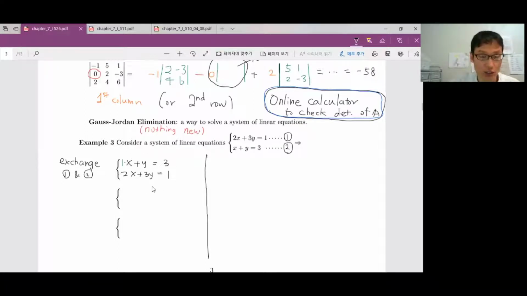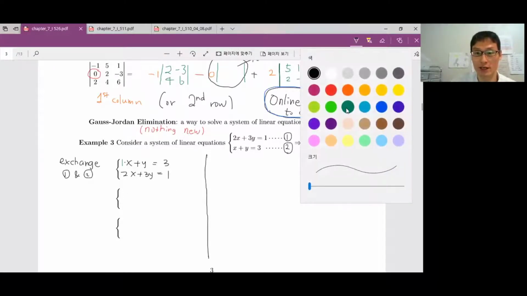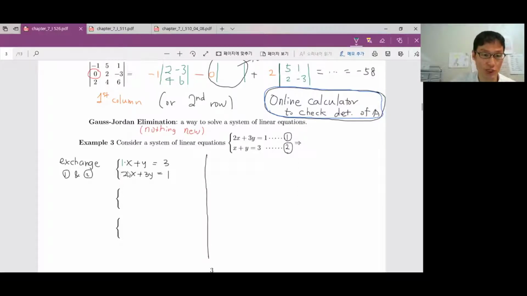Next, you want to eliminate x or y. Let's try to eliminate x guy. So you want to eliminate this x, and we want to have 0 times x in the next step, plus something y equals something else.